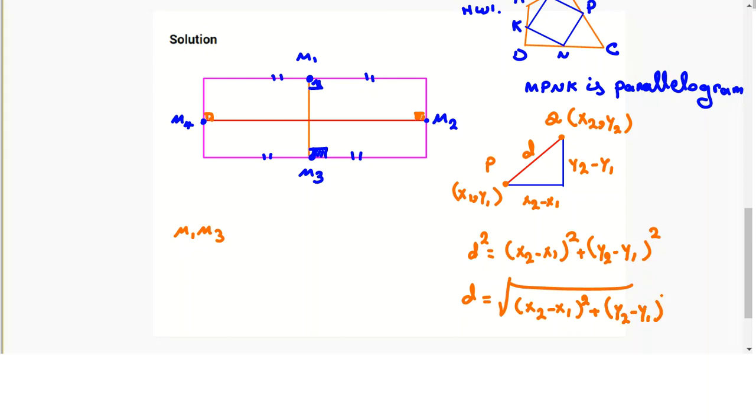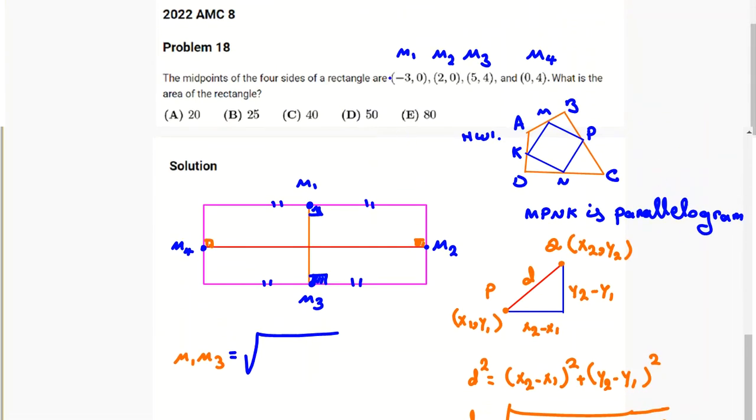Okay. Now, let's calculate M1M3. It is square root of. Coordinates of M1 is what? Negative 3, 0. M2 is what? 2, 0. For example, we have rotation here. The figure is not exactly correct, but in general, rotation.